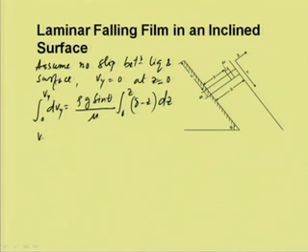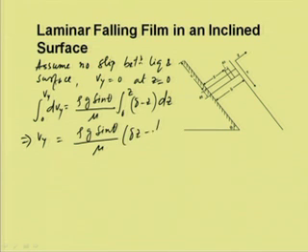So, V y will be equal to rho g sin theta divided by mu into delta z minus half z square.